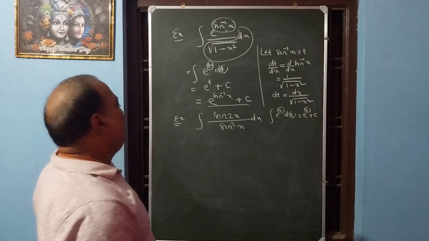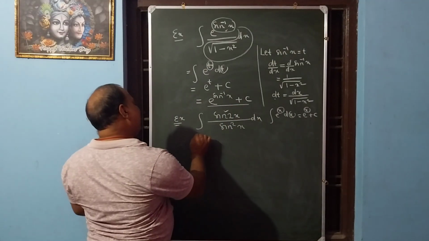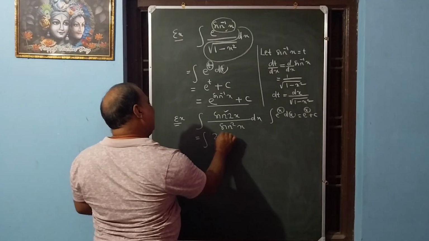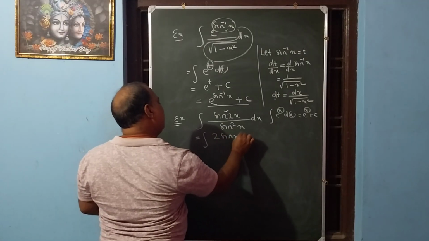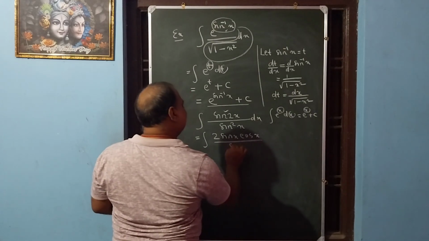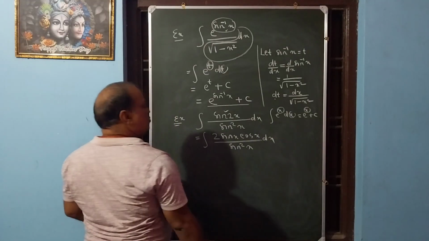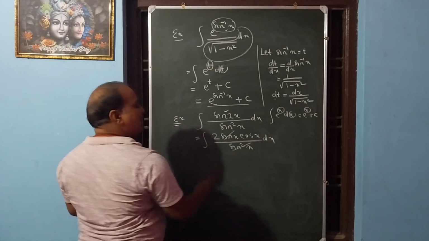In place of sin 2x, that can be written as 2 sin x into cos x. Here it is sin square x dx, so one sin x is cancelled with this sin x.